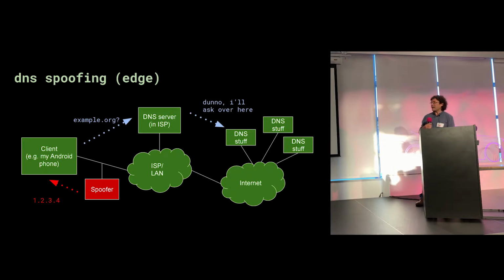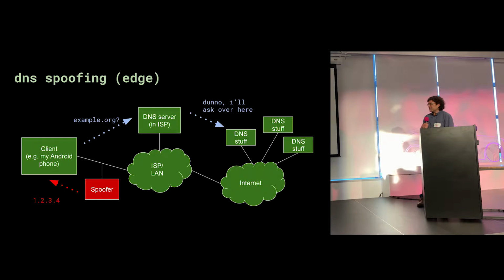Now, while all that's happening, all the stuff that I showed you on the previous slide is still happening. So the internet is still looking up example.org, the reply comes back, but it's too late. It's lost the race with my spoof platform, which has given this fake address to redirect my Android to the wrong site perhaps.